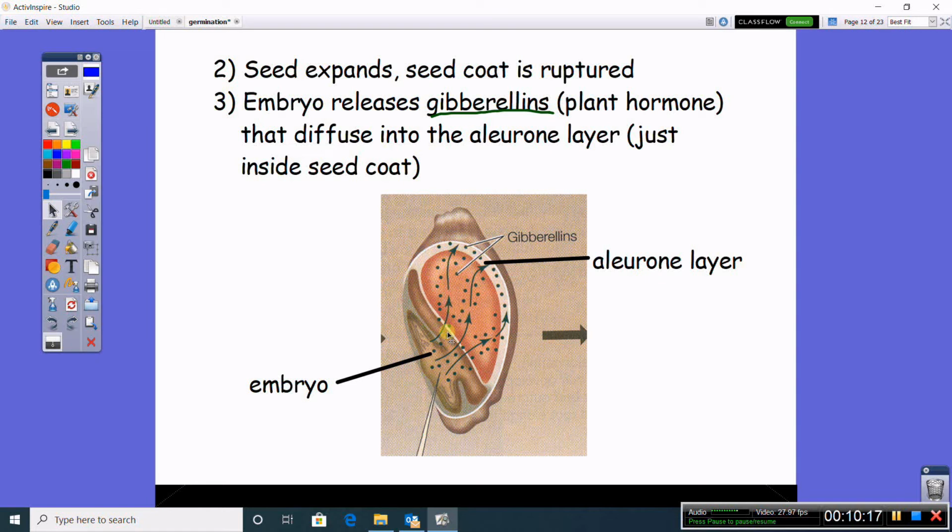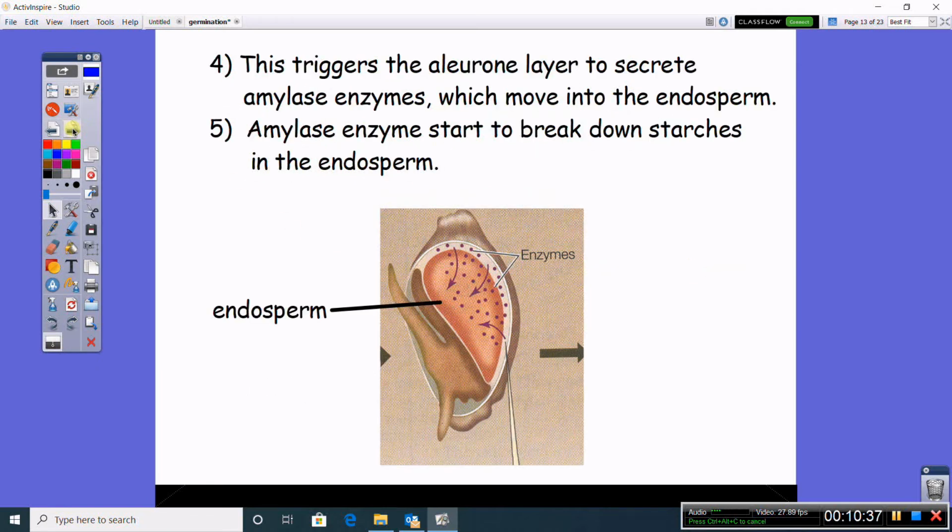They're going past this orange layer, whatever that is, and going to this whitish layer right inside the seed coat, which is called the aleurone layer. So as the embryo grows, it releases gibberellins, which diffuse across to the aleurone layer, just inside the seed coat.